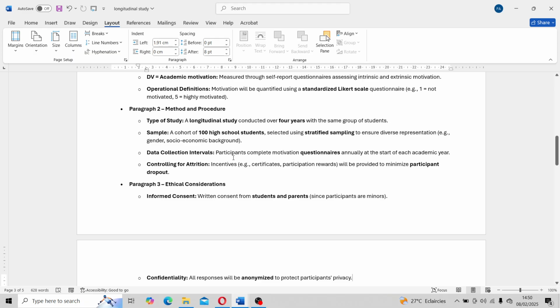Data collection interval: participants complete this questionnaire annually. You can see they mentioned it in the question, controlling for attrition. Incentives, e.g., certificates and participation rewards, will be provided to minimize participant dropout. In order to reduce the level of dropout, because when it comes to a longer-term study, it can actually be discouraging.